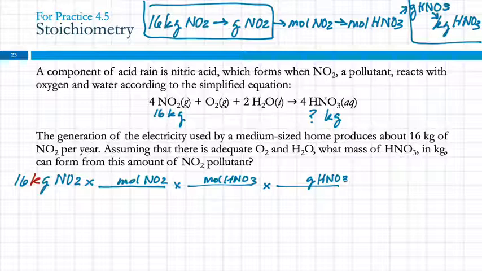We got moles down here, and I've got moles down here. Down here I've got grams of NO2. That's going to cancel grams of NO2. It's not canceling the kilo. The kilo is just sitting there. We're ignoring it. Okay? Yes, you can just do that.